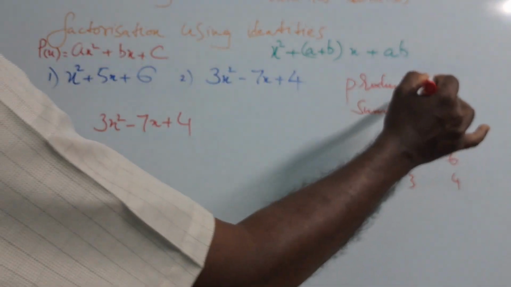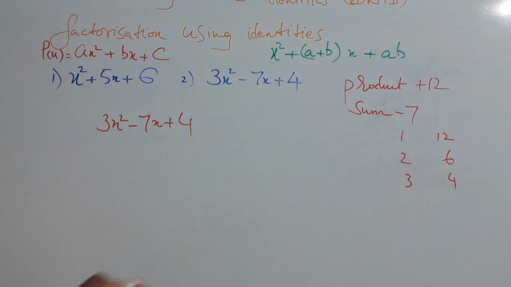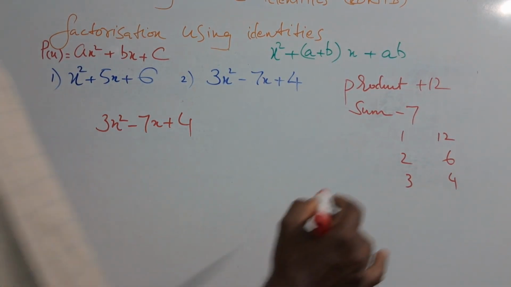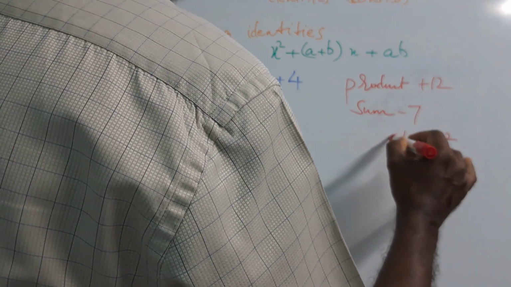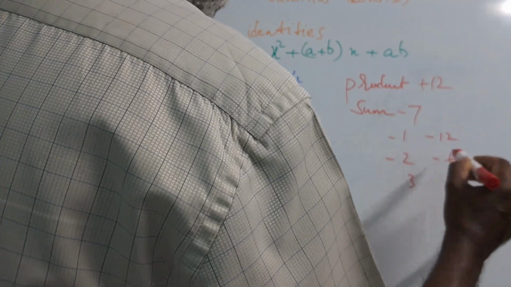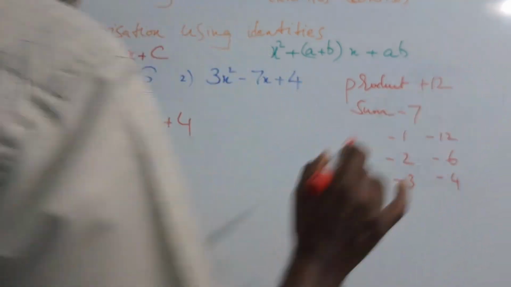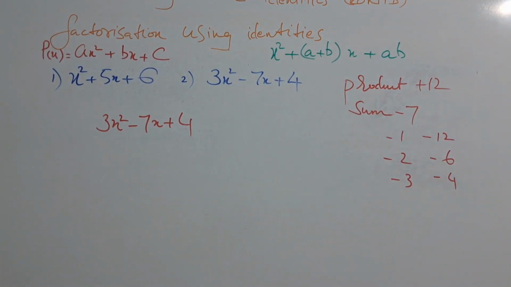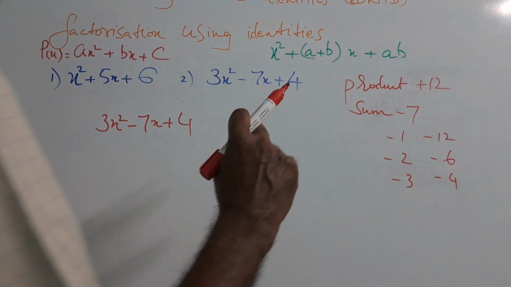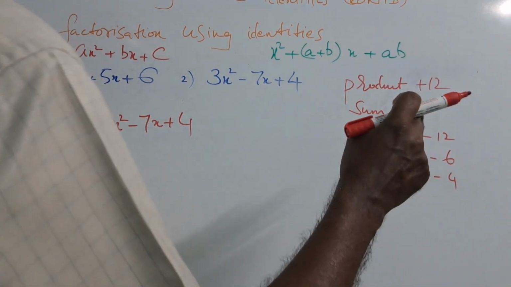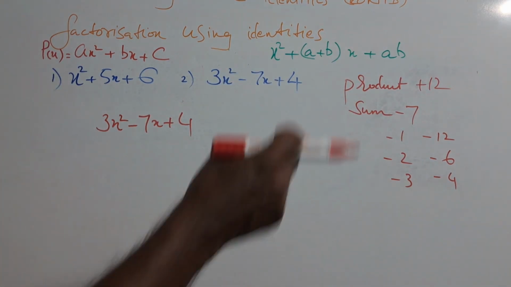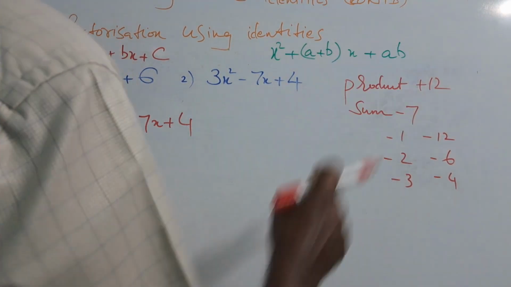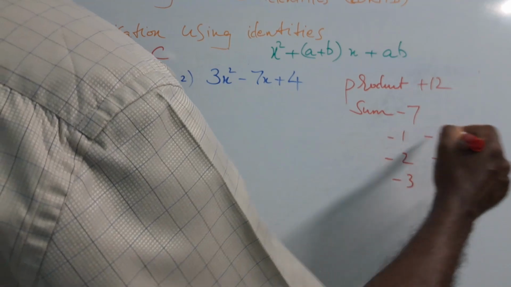The product is a positive number, but the sum is a negative number. Therefore, both the numbers are negative. If the product is positive, there are only two possibilities. Either both the numbers are positive or both the numbers are negative. Since the sum is negative, both the numbers are negative.